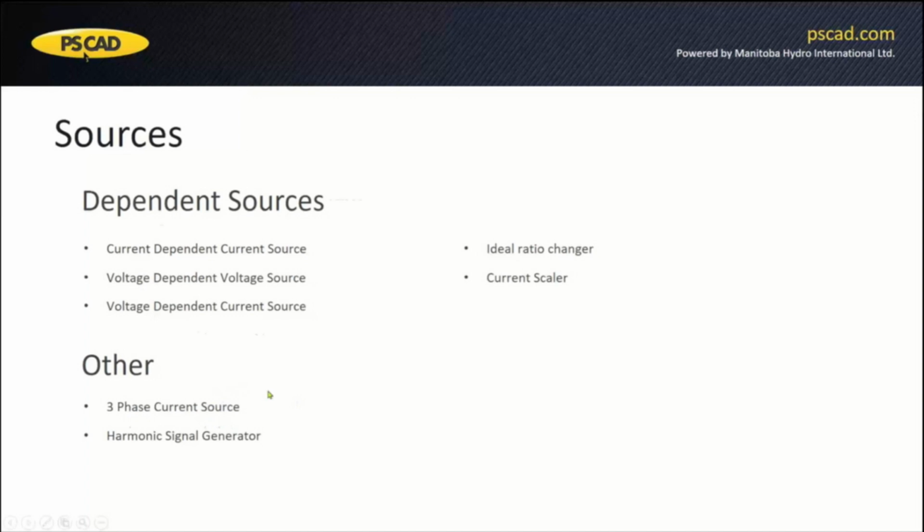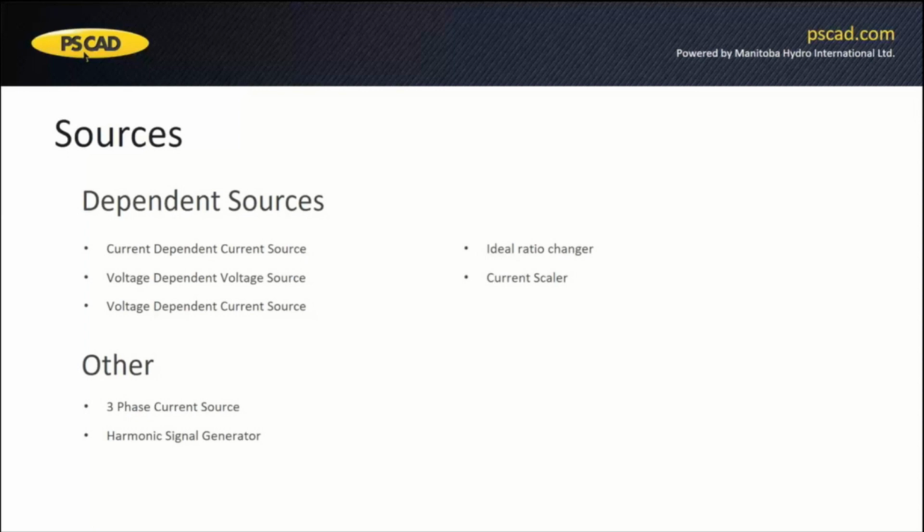Two other components: the users have asked for a three-phase current source, so there's a new three-phase current source. Also users asked for harmonic current source and voltage source, where they can specify specific harmonics with different magnitudes and different phases.